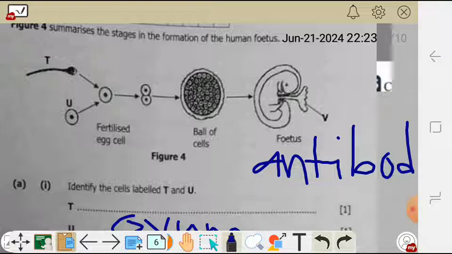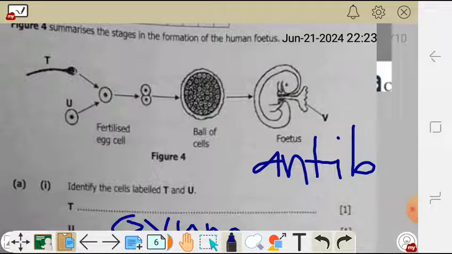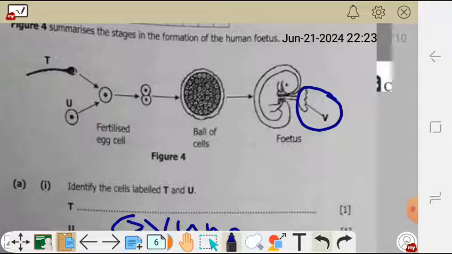They are part of the immune system. They protect the fetus from diseases. So we have antibodies which are supplied, crossing the placenta there. Then we also have supply of gases such as oxygen. Then you also have excretion.